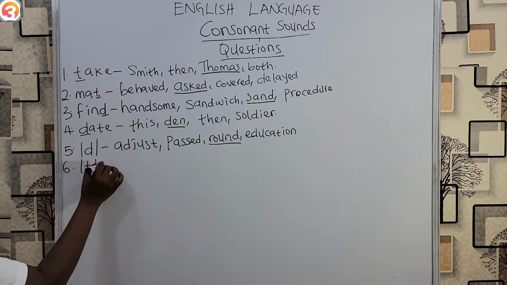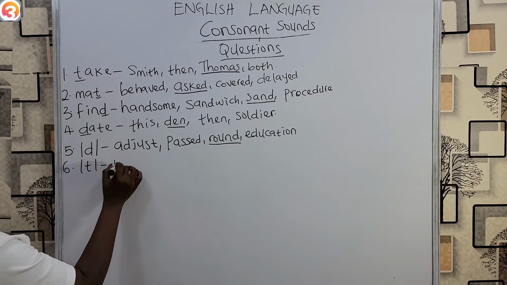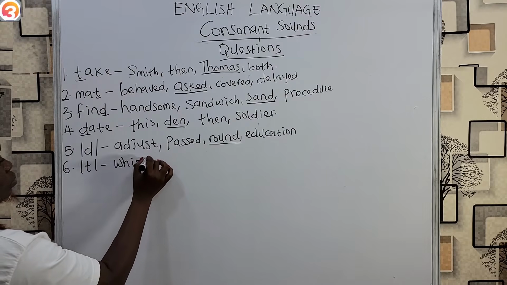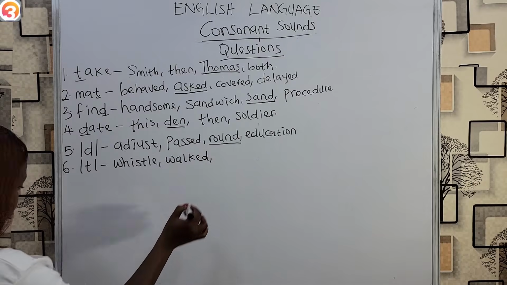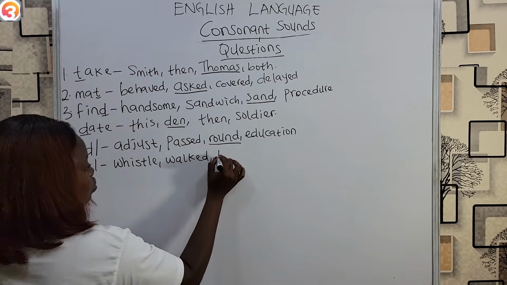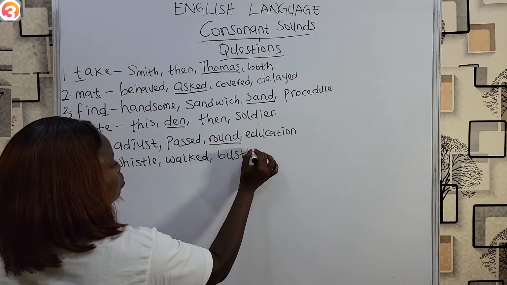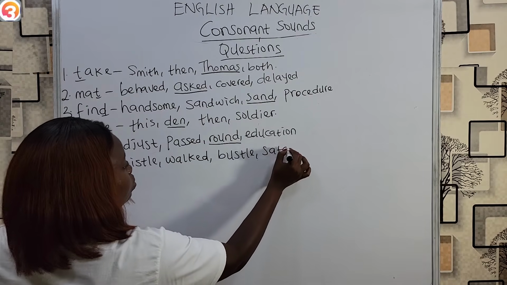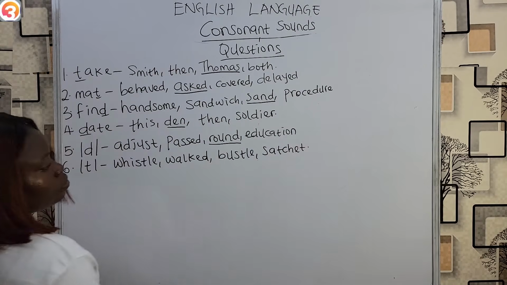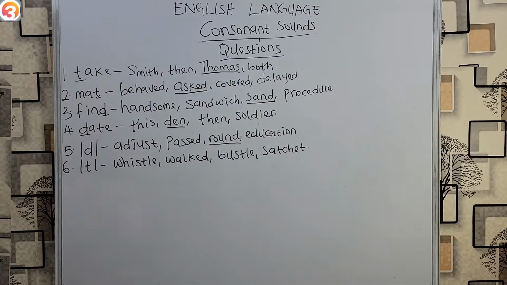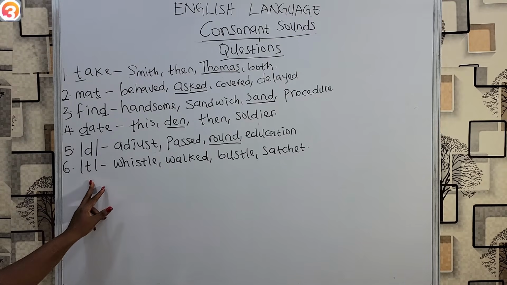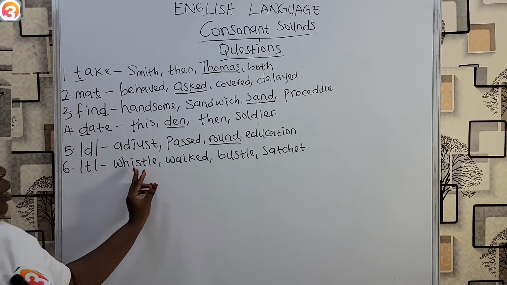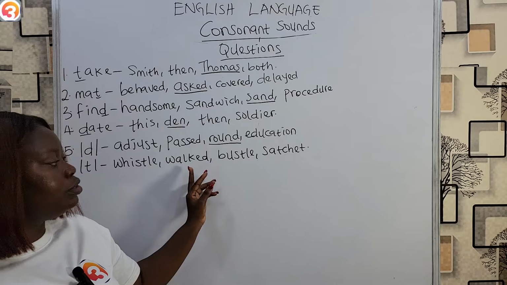Then if you have consonant T, look here, we're looking for a word that contains consonant T or the sound T. If you check, there is T here, there is T here, there is T here, there is no T here.